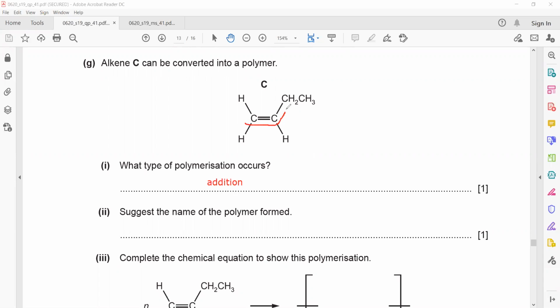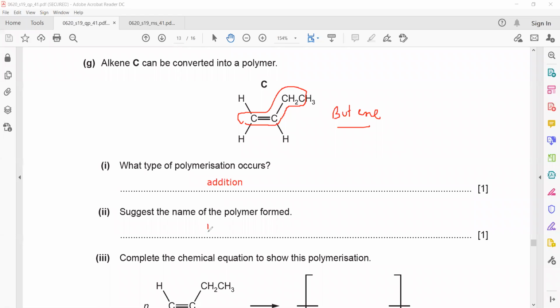1, 2, 3, and 4 carbon atoms. And this is a straight chain because only 2 ends are there. If there are 4 carbon atoms, what will be the prefix for 4? It will be but. That's right. And due to the double bond, that's ene. So it is butene.